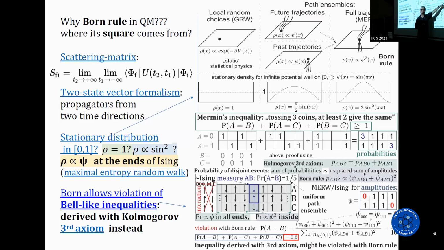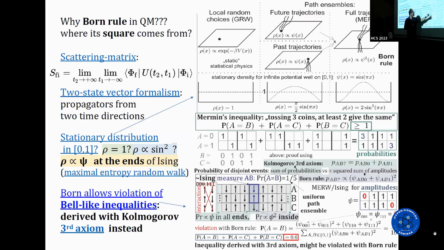Okay? So we have proven this inequality using the common axiom that the probability of A equal to B is the sum of probabilities of 0 or 1 at this position. In contrast, quantum mechanics replaces this common axiom with the Born-rule. Yeah, so we add amplitudes and then square. And also in the Ising model. So here is a way to violate this inequality in the Ising model. You have a sequence of 3 spins with interactions forbidding these two possibilities, all up and all down.